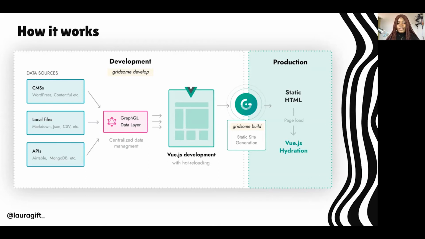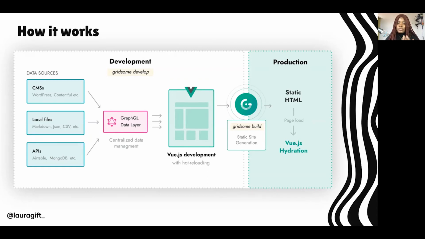You can also pull data from headless CMSs like Contentful, Strapi, or from external APIs. Pulling data from all these different sources gets merged into a centralized data layer called the GraphQL data layer, which you can then use within your Vue.js components as GraphQL queries.